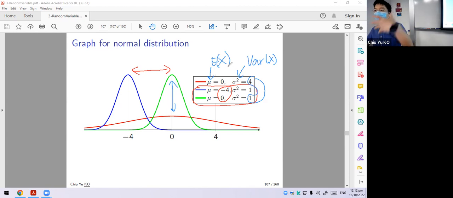Remember from binomial, mean and variance are related. Poisson, mean and variance are the same. Uniform, mean and variance are related to a and b. Exponential, they are related to lambda. But for the normal, they're independent, controlled by two separate parameters. So that is one important thing here.